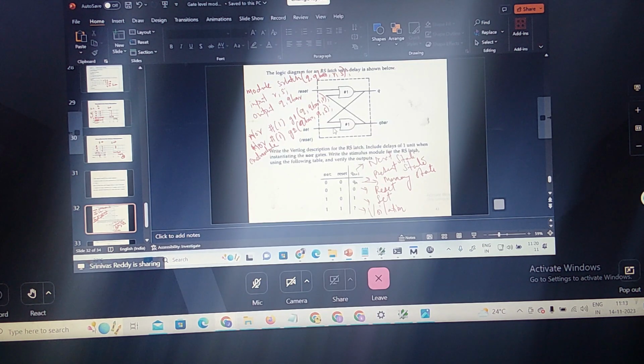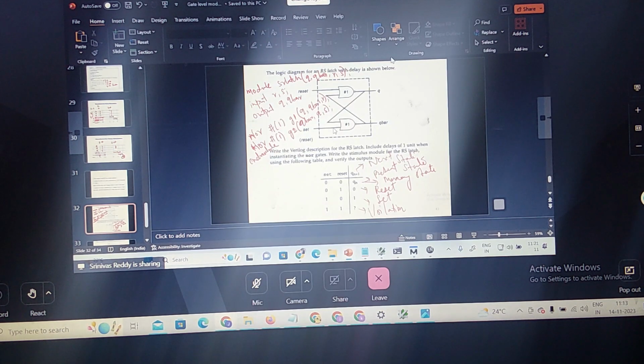First do it without a delay. First write the SR latch without a delay, remove the delay and see the output. Write the test bench and see the output. Next you should include the delay, how much it is: rise delay, fall delay, and turnoff delay. Are you understanding this?